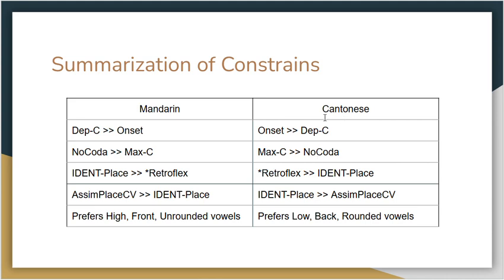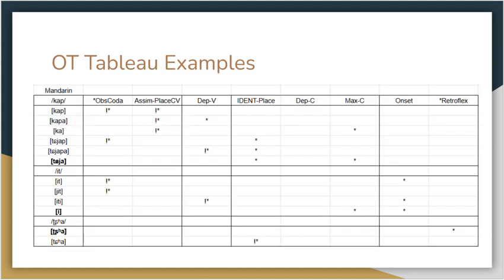And for Cantonese, it's nearly the other way around: ONSET over DEP, MAX over NO CODA, NO RETROFLEX over IDENT place, and IDENT place over place assimilation for consonant and vowel. And for vowels, Mandarin prefers high front unrounded vowels, and Cantonese prefers low back rounded vowels.